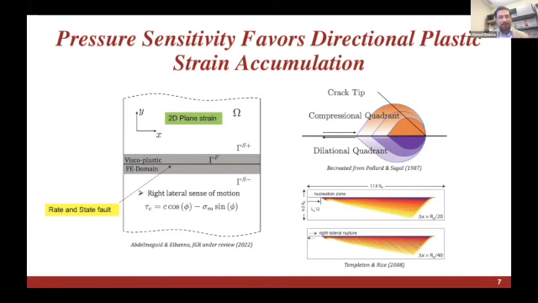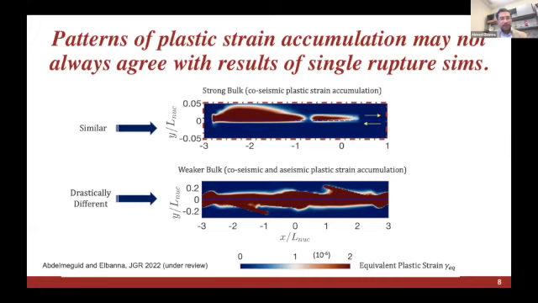So let's see what happens if this persists as we look into the cycle simulation. And what we observe is that for relatively strong bulk, and we can parameterize the bulk by cohesion, for example, if we add more cohesion to the bulk so that the yield strength is higher, we do see this conservation of the observation related to the accumulation of plasticity on the dilatational quadrant.